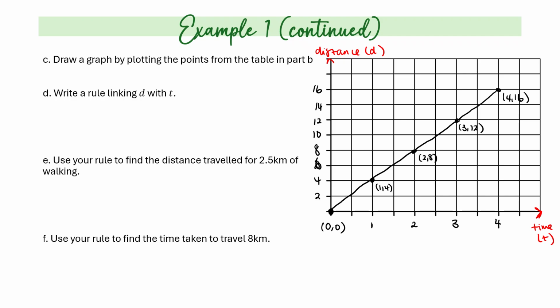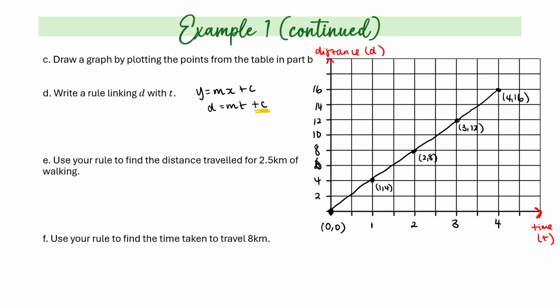Now that we've done that, we can use this to then write a rule for our distance and time, okay? Now, in doing this, we usually use y equals mx plus c, but instead of y and x, it's going to be d and t, okay? But our c and our m are still going to mean the same thing.